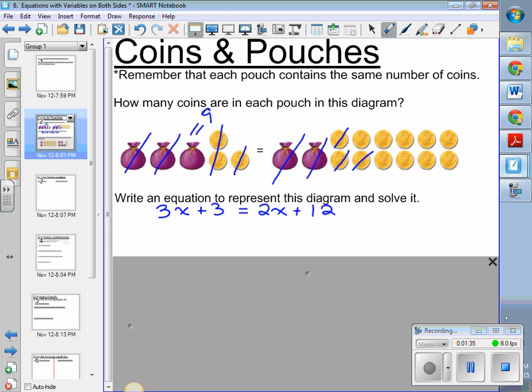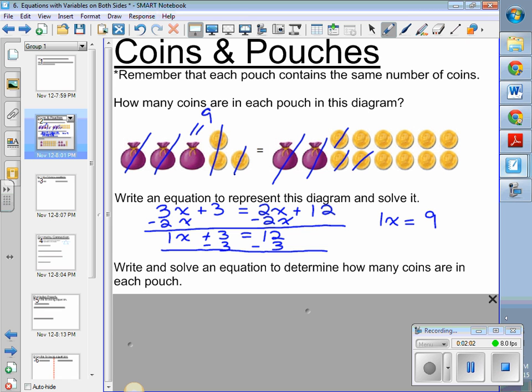So we're going to subtract 2x from both sides. And we get 1x over here. We still have the plus 3 over here and the 12. And we subtract the 3 from both sides. And we get that 1x equals 9.